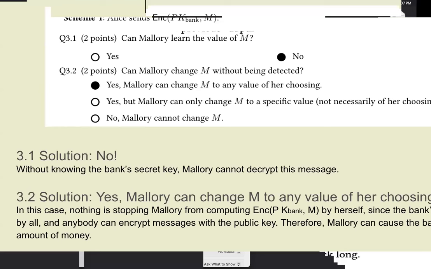Because this function, the encryption of M under the public key of the bank, is not private. This public key is posted by the bank, which means that anyone can take this public key and any message they choose, and just calculate this. And they can send it and claim that it's the original message that Alice sent.